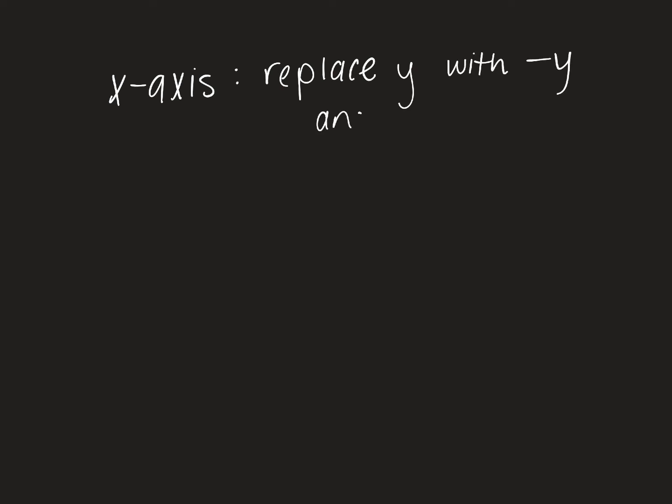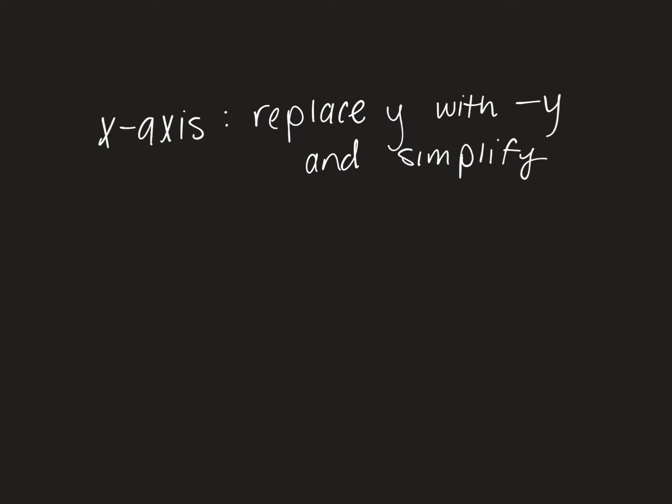But we're going to learn how to check. All right, so first let's learn how to test x-axis symmetry. We're going to replace y with a negative y and then simplify. The equation we're going to use for all three of these is y squared equals 4x. So we're going to replace y with negative y.